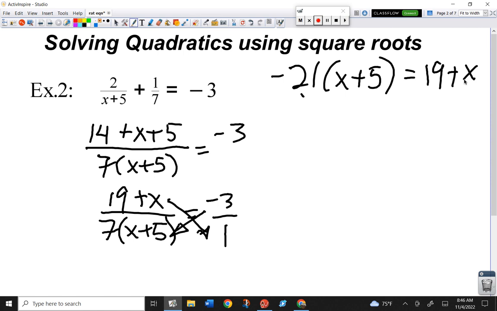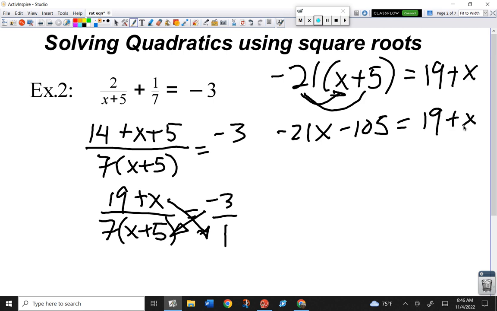Now we have to distribute this 21 here, so we're going to get negative 21x minus 105. And that's going to be 19 plus x. Again, an algebra 1 problem. Let's subtract x from both sides. That cancels to 0.